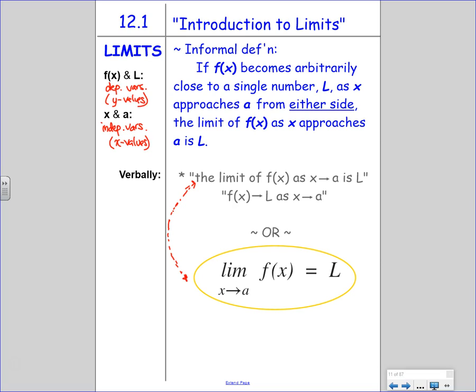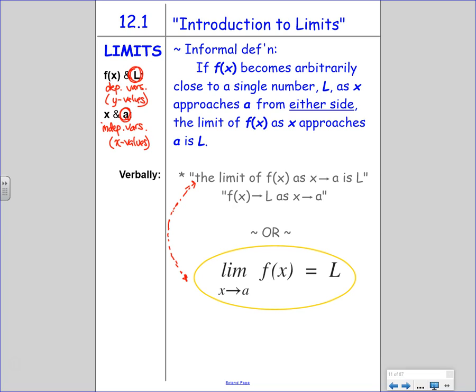And you guys should know that F of X goes with Y and X goes with X. That's pretty obvious, but what's the new, what's the different, what's the weird? L is a Y value. A is an X value.